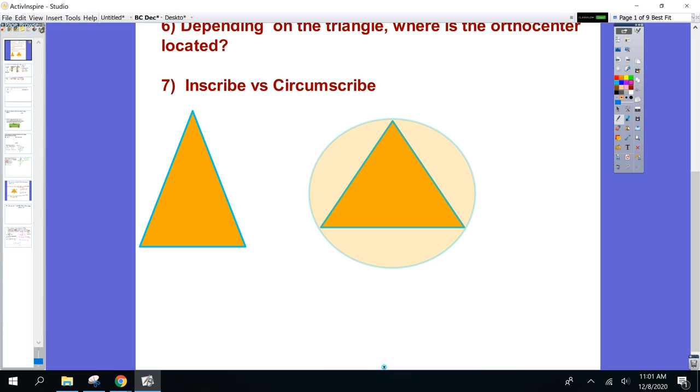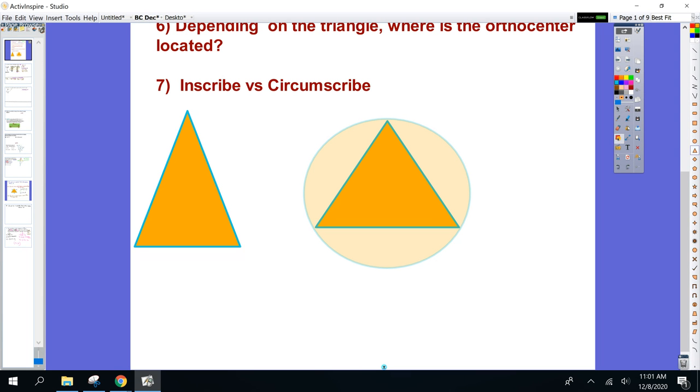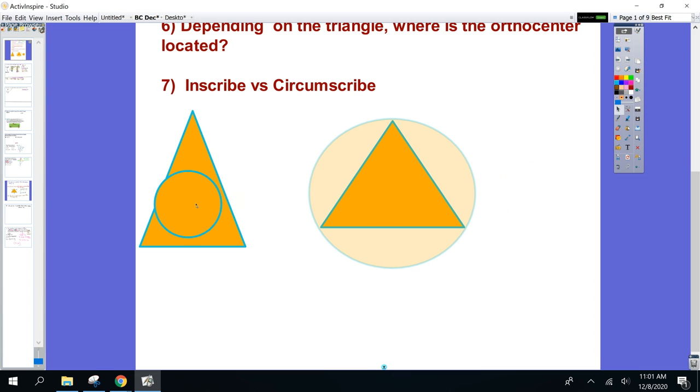If I inscribe a circle, that means it's inside the triangle. It hits all 3 sides of the triangle if I inscribe a circle. So that's inscribe right here. The circle is inside.